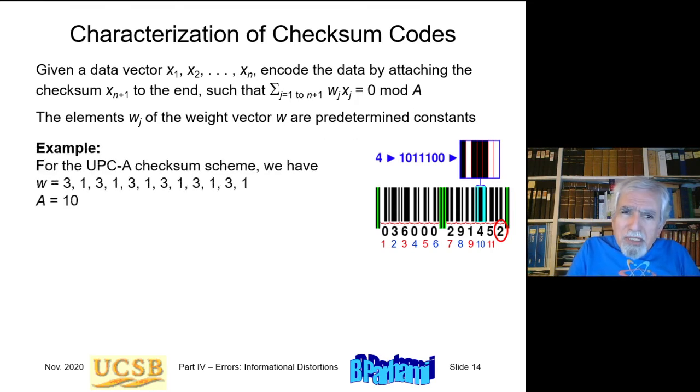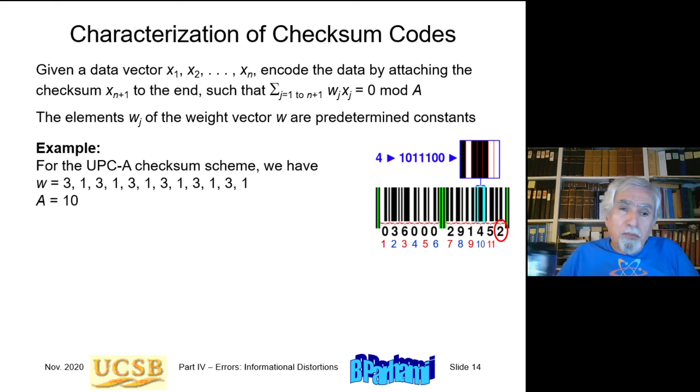Okay, so for example, the UPC-A code on the previous slide has these weights. Odd index positions of weight 3, even index positions of weight 1, and the check constant is 10. You do modulo 10 checking.